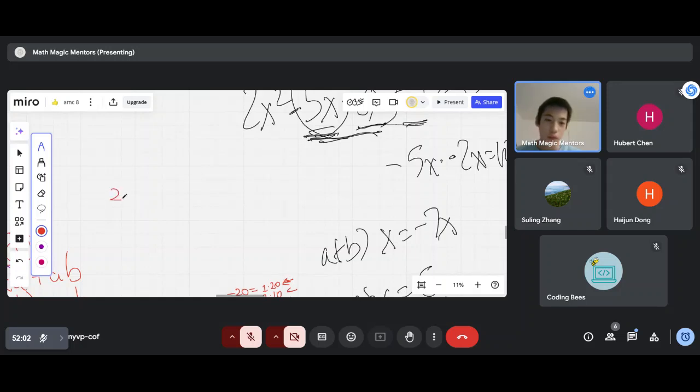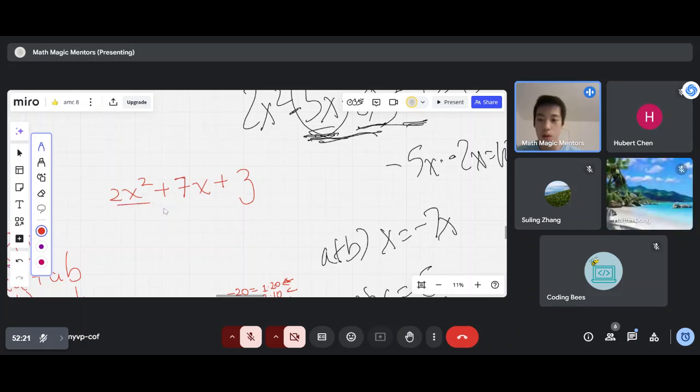So if you have 2x squared plus 7x plus 3, you can basically think, okay, what two terms multiply to 2x squared?